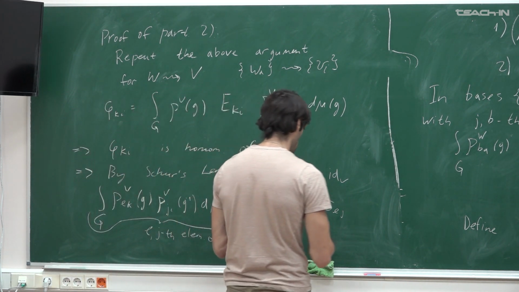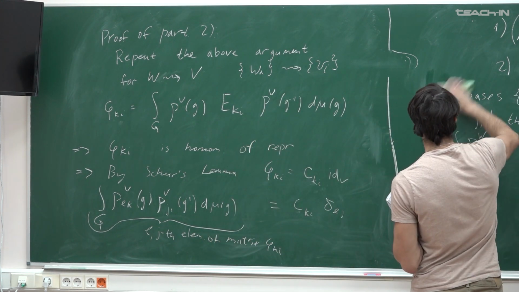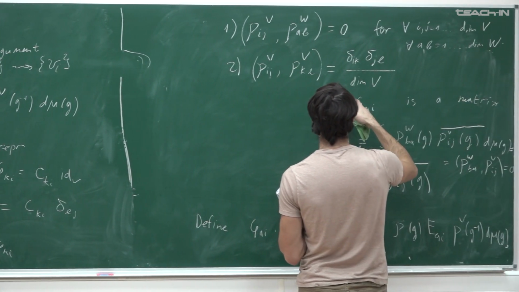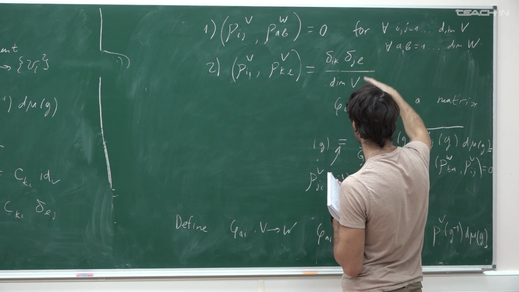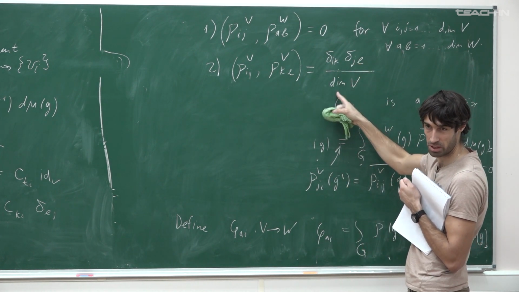We'll use trace for that. Okay, this we can erase now. So we're proving this, right? So my C_ik should be delta_ik over dimension of V. That's what we expect.